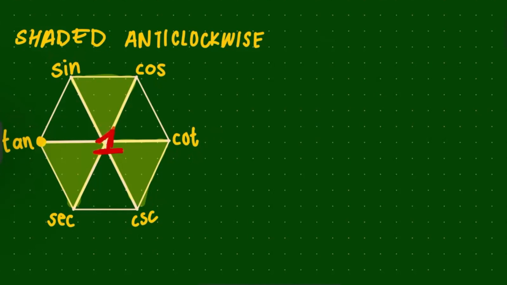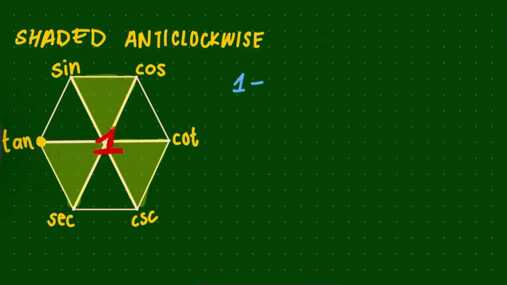I'm going to start here with 1. Anti-clockwise means you're going against it, so you're going in this direction, to the left. Since in clockwise we're going to the right and it's a plus sign, in anti-clockwise we're going to subtract. Now we're going this direction. I'll start with this one.